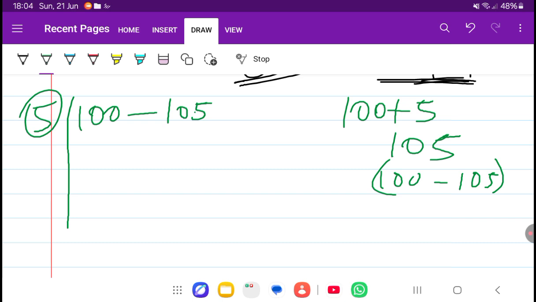now here it depends on which class we want to develop. If we want to get inclusive classes, then we are going to make sure that the lower class limit here is less than, we take off, it will be 105 minus 1. So it will be 104.